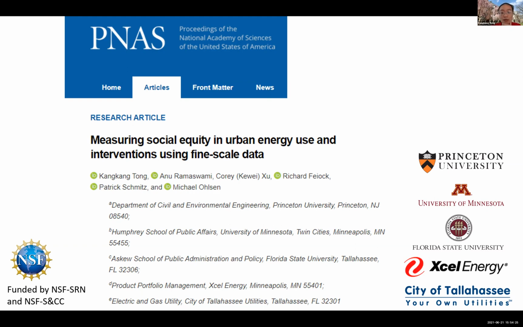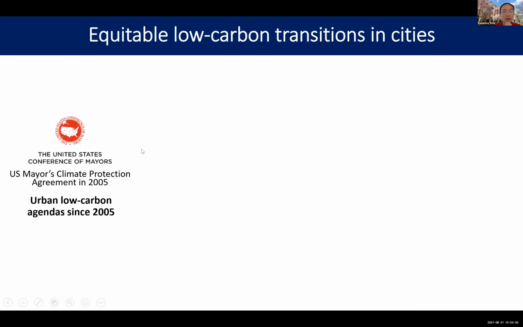Now I'm going to jump into the study, beginning with why we're looking at equitable low carbon transition in cities. It is really driven by cities' policy demand, because cities have been working on low carbon issues for almost two decades now. Some cities even began earlier than 2005. This is the US as an example, but some cities in Europe also worked on low carbon development quite early to address the climate issue.